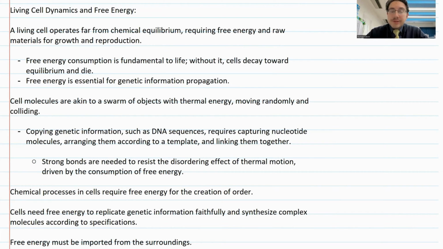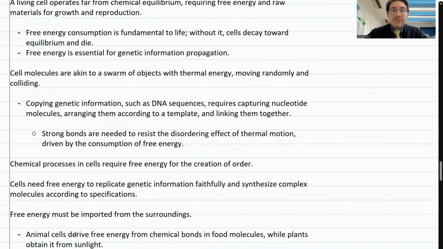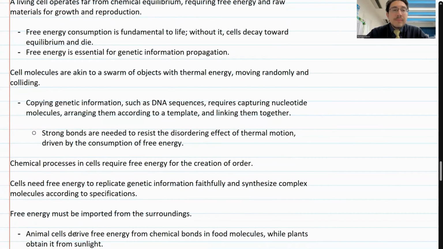You need free energy and you need raw materials to continually grow, reproduce, and create material to keep from being in chemical equilibrium, right? And the way that we do that is basically by collecting free energy. It's just one of the fundamental factors of life.